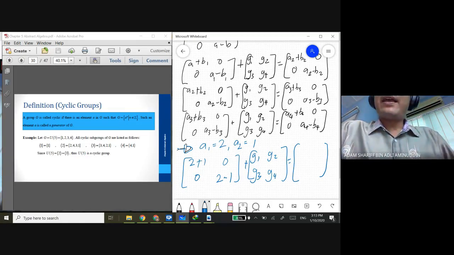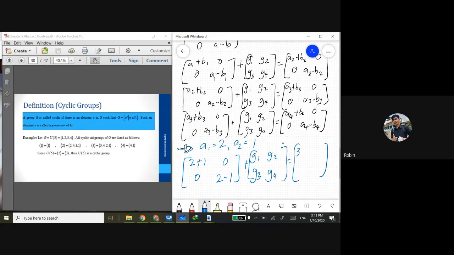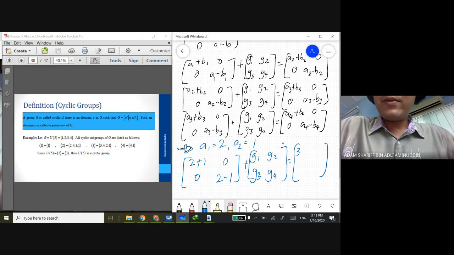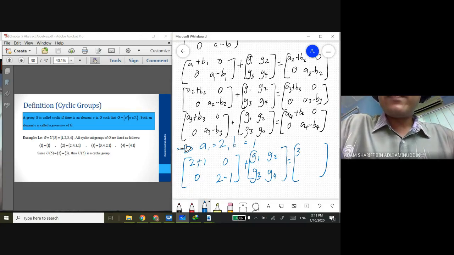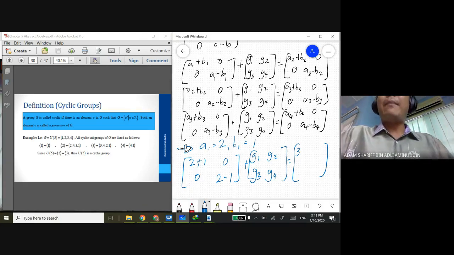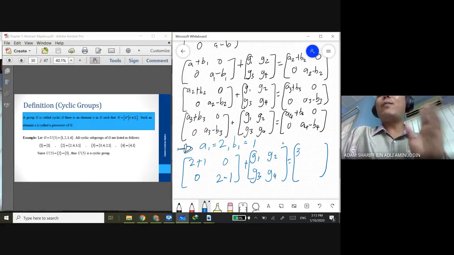Okay, my hint is like this. B1 equals 1. Okay, thank you. Apakah G1, G2, G3, G4 that it will produce a new element?